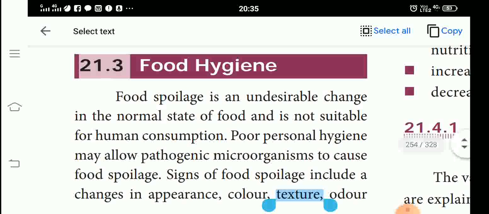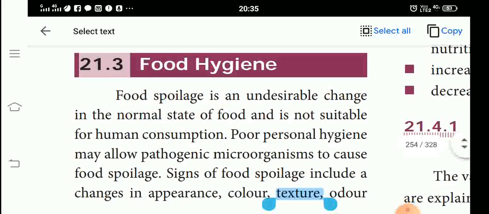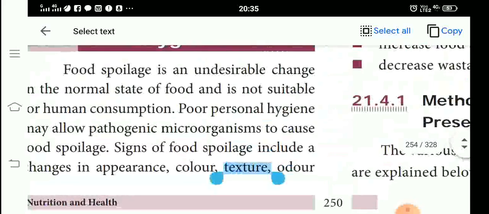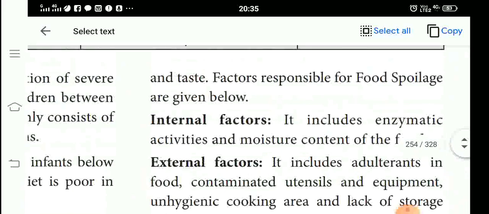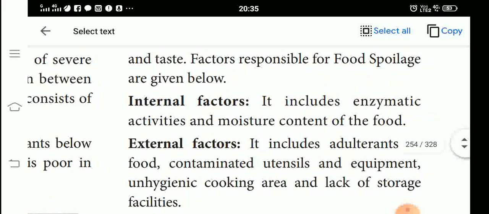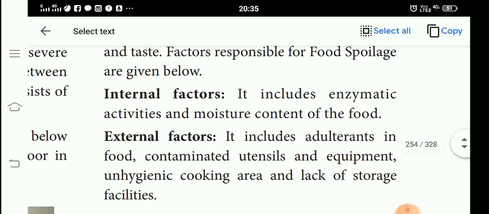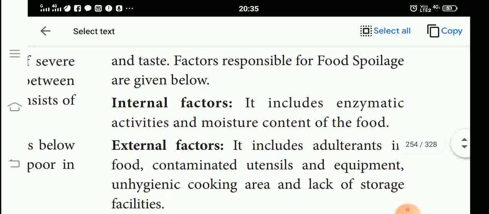So due to the change in appearance, color and texture, then odor, it will create a bad odor. With the help of all those things, we can identify that the food is spoiled, isn't it? If any food is spoiled, it will create some bad smell, and it will cause a bad taste.